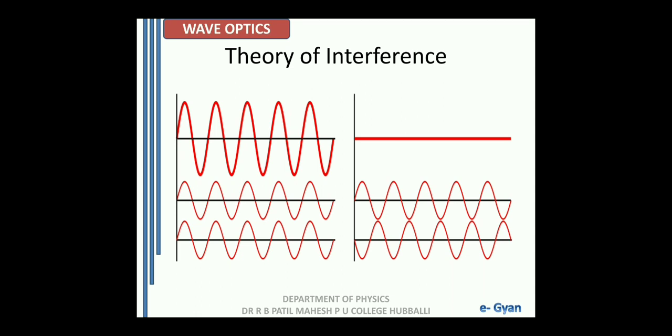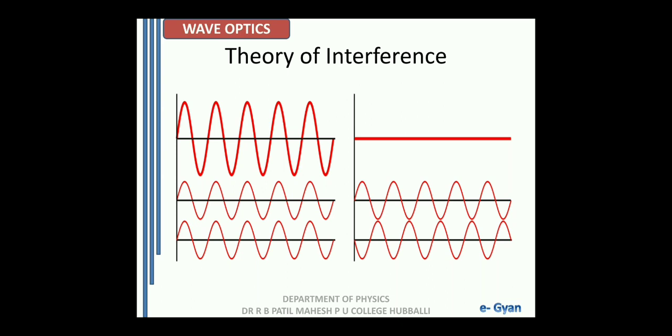Now here we have two parts, left and right. On the left part, we have two waves which are in phase. That means the crest of one wave overlaps with the crest of another and the trough of one overlaps with the trough of another, to produce the resultant wave with larger amplitude.